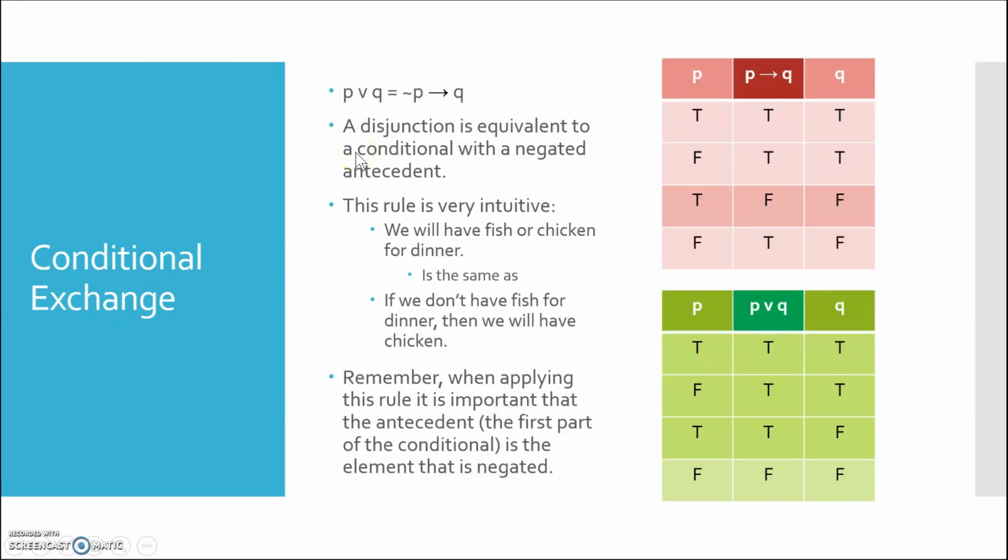So, to read it out, we will have fish or chicken for dinner is the same as saying if we don't have fish for dinner, then we will have chicken. Notice in this case, the operator is an or, and the two disjuncts are we will have fish for dinner and we will have chicken for dinner.